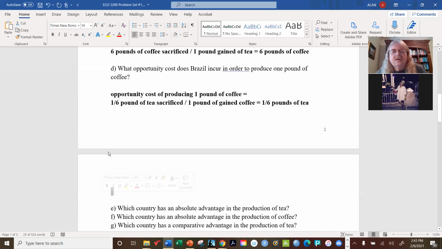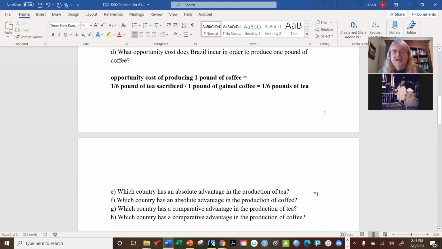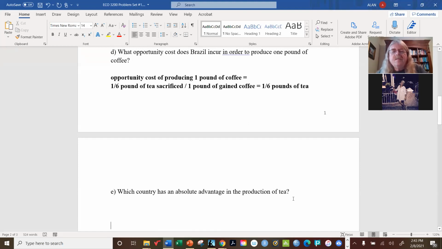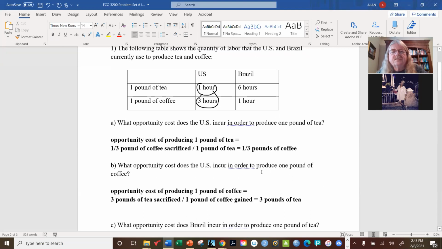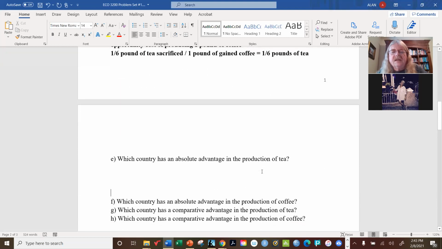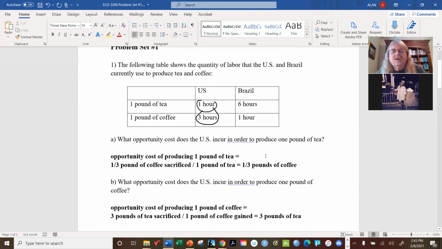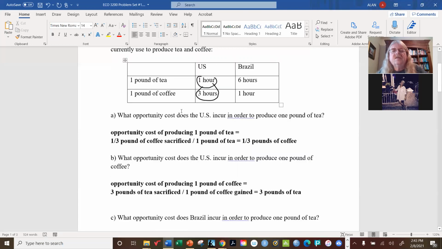So therefore, the long and short of all this is that absolute advantage, remember, means who can make this product the most cheaply. So when it comes to tea, all that matters is that it takes the US 1 hour to make tea, 6 hours in Brazil. That means the US has the absolute advantage in the production of tea.